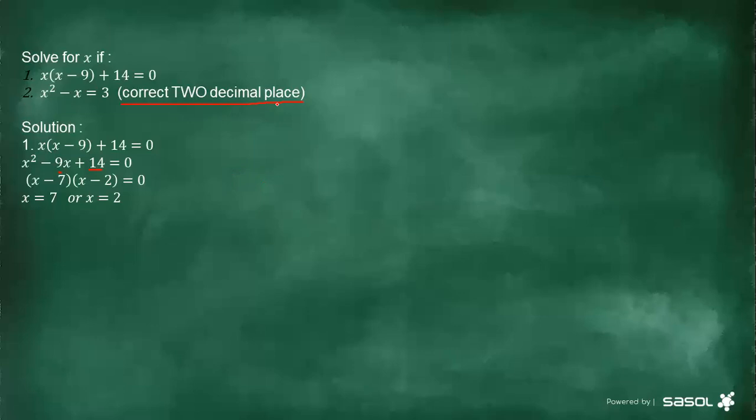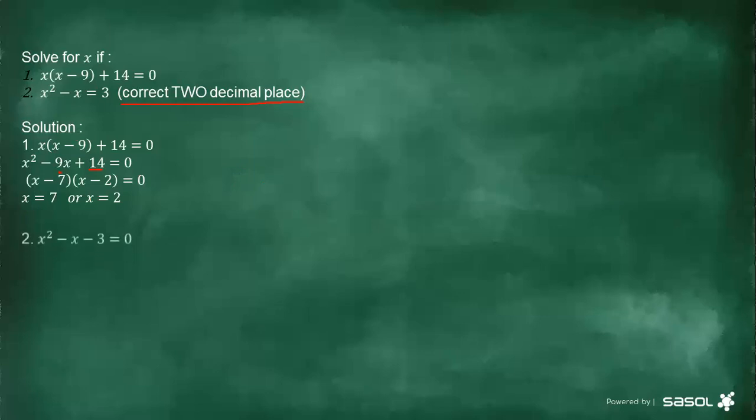Correct to two decimal places, because it tells us that the answer is going to be a decimal, and we just need two numbers after the comma. So just copy the quadratic formula from the formula sheet and put it there. Then substitute correctly and press calculate correctly, so that you can get the correct answers and you'll get the full marks.